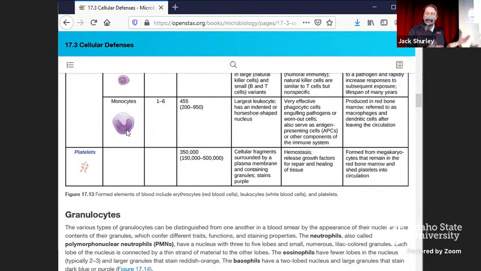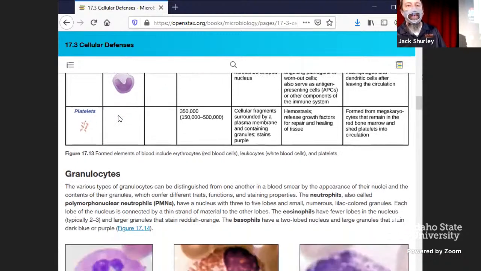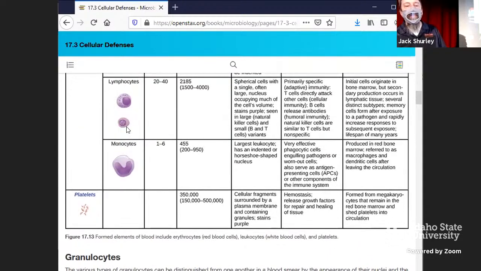So big nucleus and no granules with that as well. That's a good indication of a monocyte. With these lymphocytes right here, I also want to point out, oftentimes the nucleus almost takes up the entire cell. There's very little cytoplasm left over when you see the lymphocytes, right?